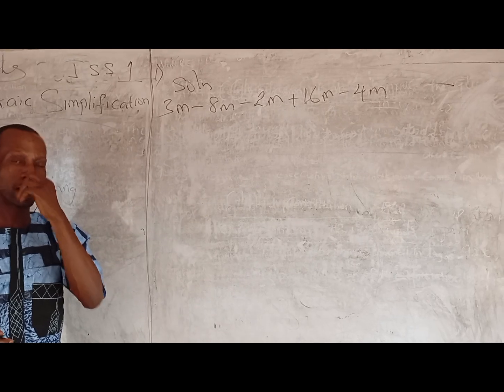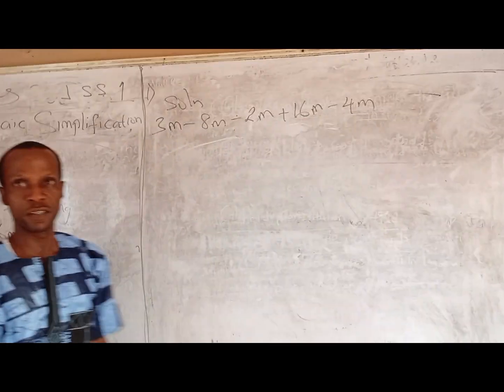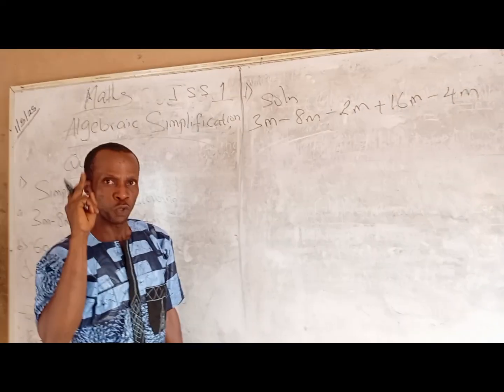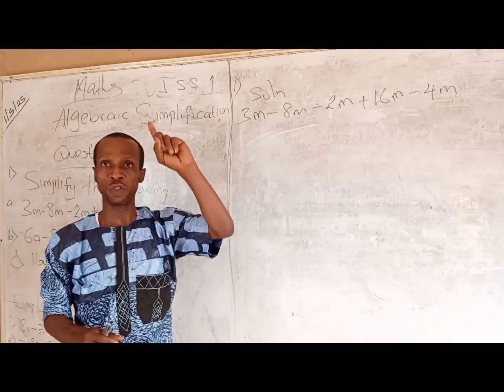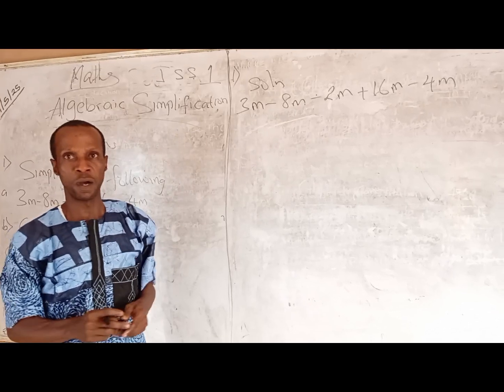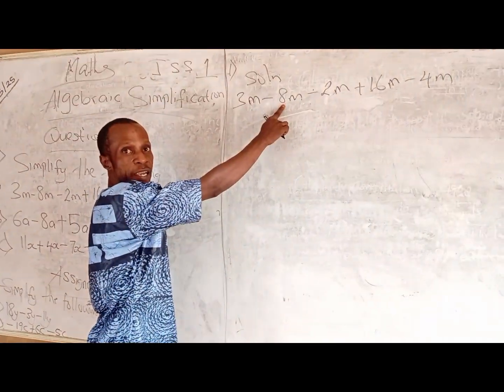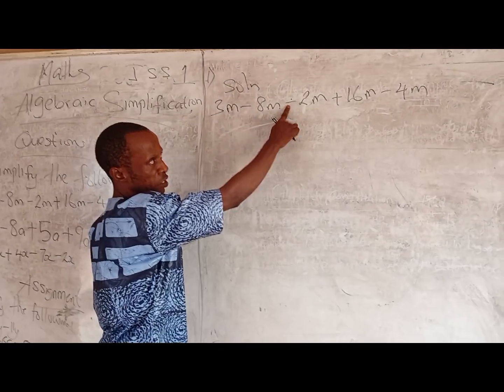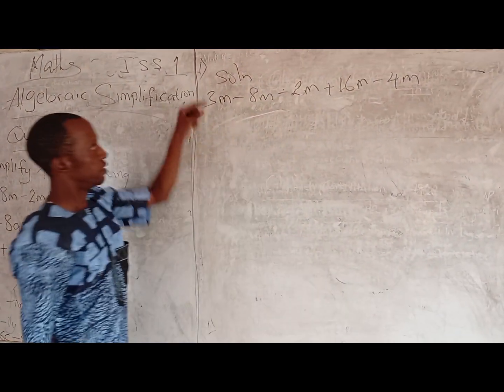I told you the last time that whenever you come across a question like this, I said two things in our last class: a sign in front of a number belongs to that number. For instance, this minus is owned by this 8m. This minus is owned by this 2m. This plus is owned by this.